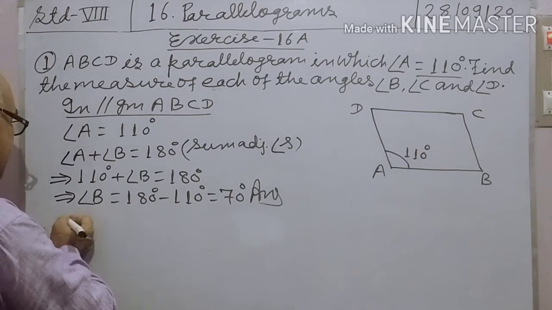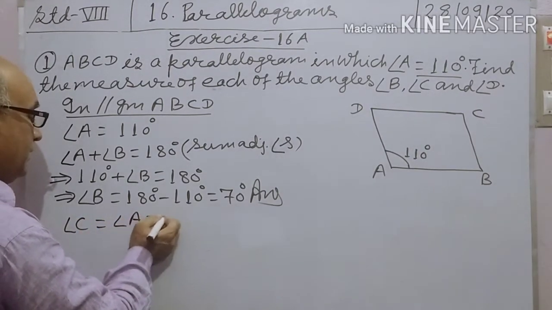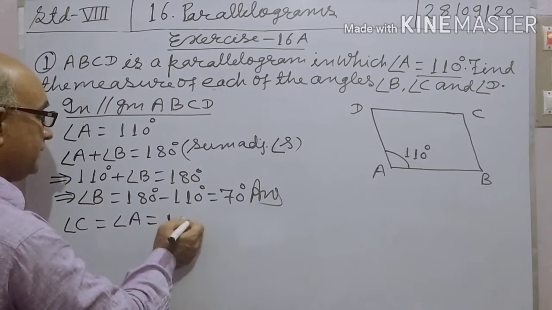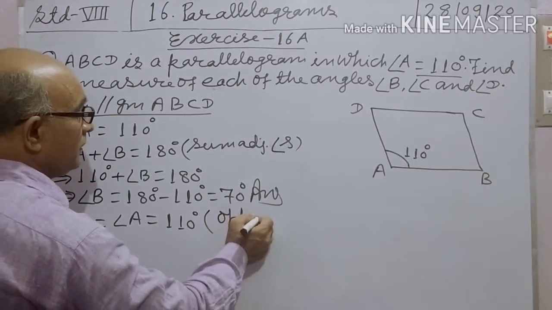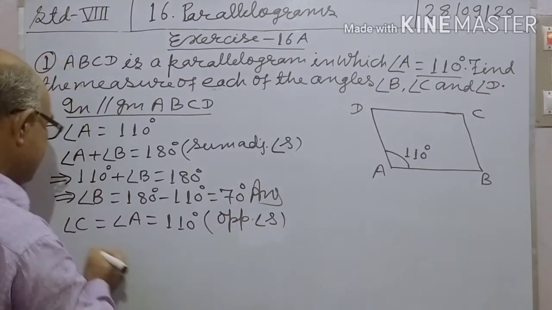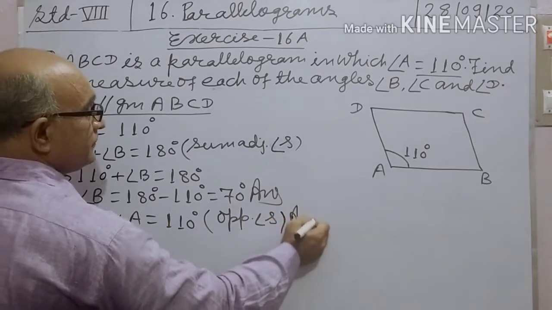Now find angle C. Angle C equals angle A equals 110 degrees. Opposite angles are equal. So that is the answer.